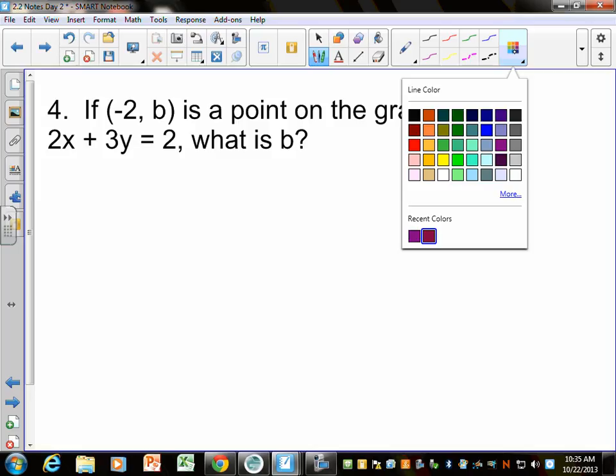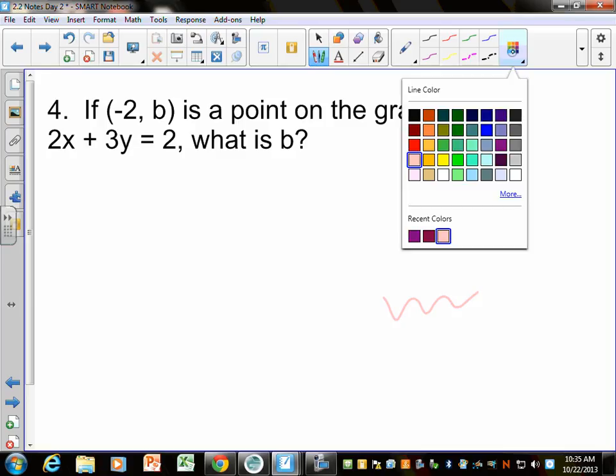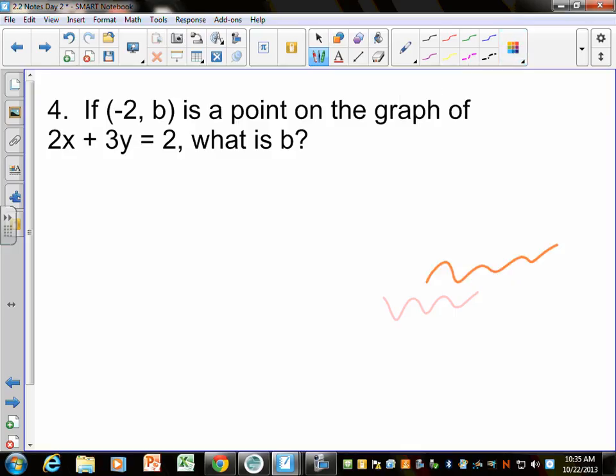I should do orange. Pink. Pink's not even going to show up. I want orange. That doesn't even look orange. It is orange. My screen is just awful.